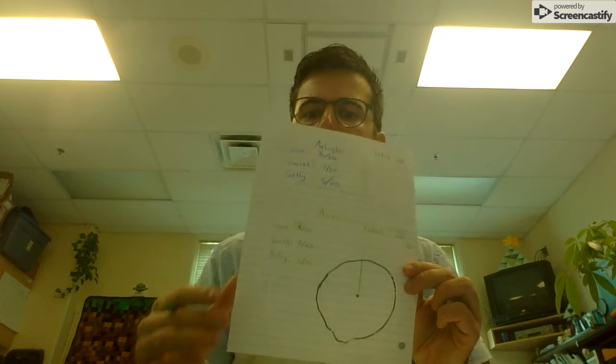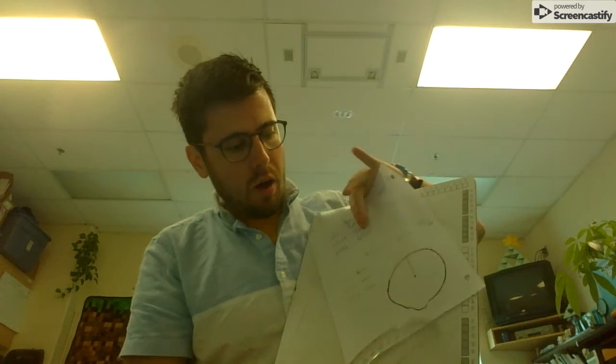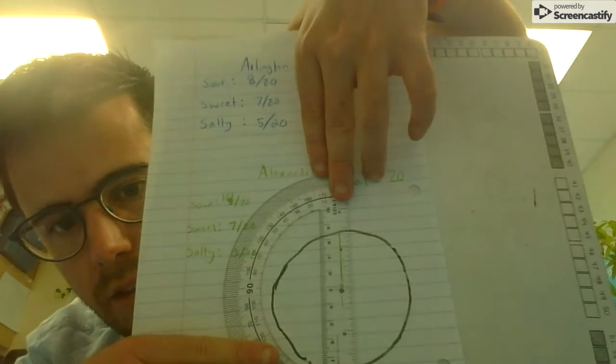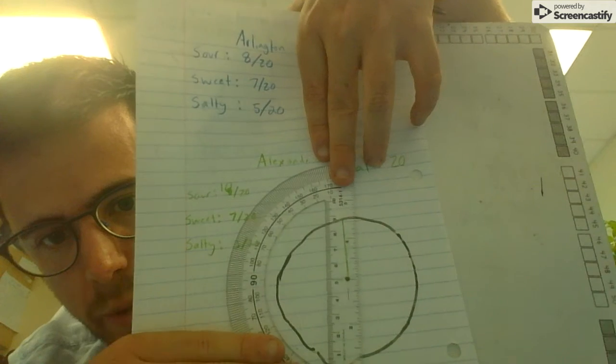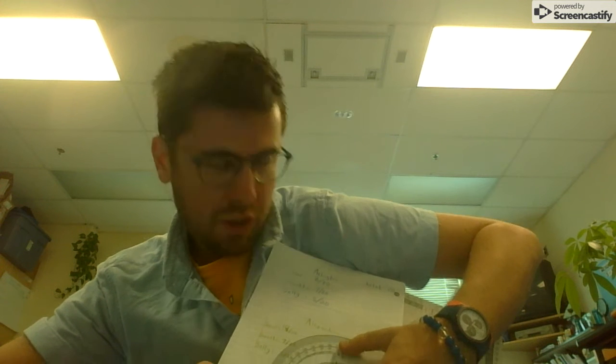Now, from this radius, you're going to take your protractor and line it up with the center point. Notice how your protractor has these little lines that go out from that center point. You're going to line up those little lines with your radius.